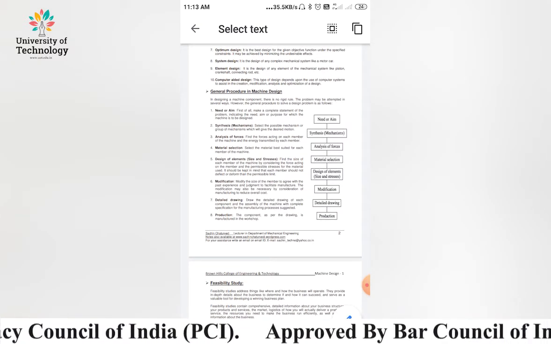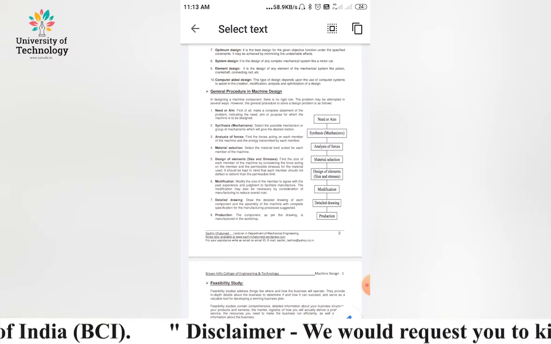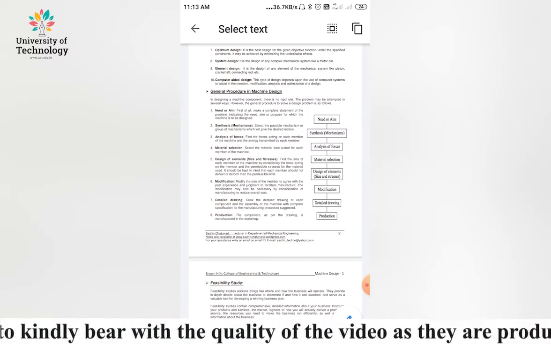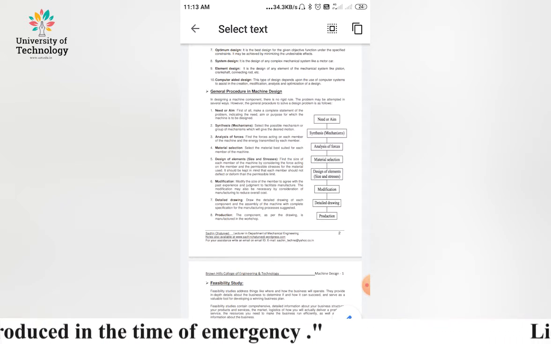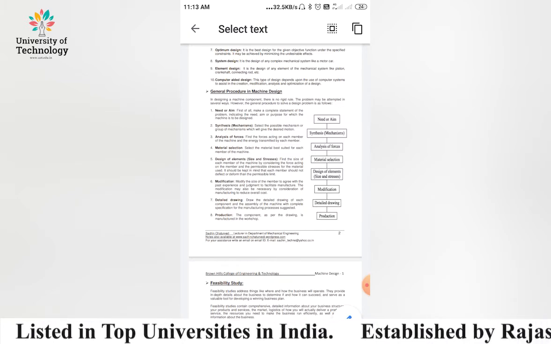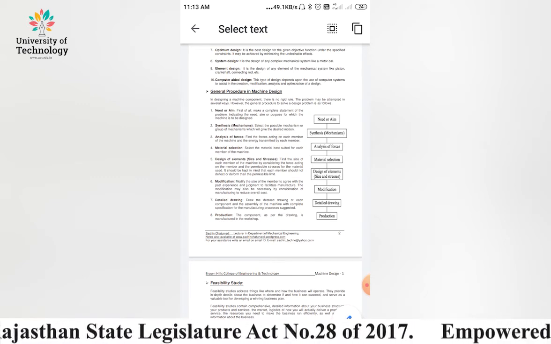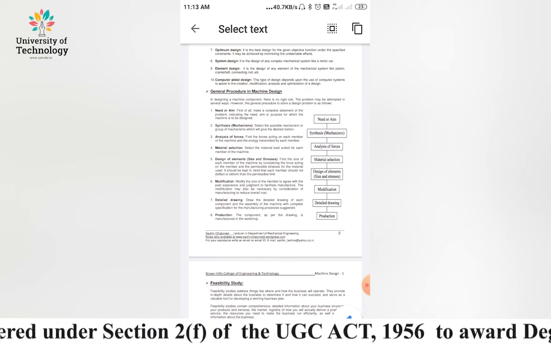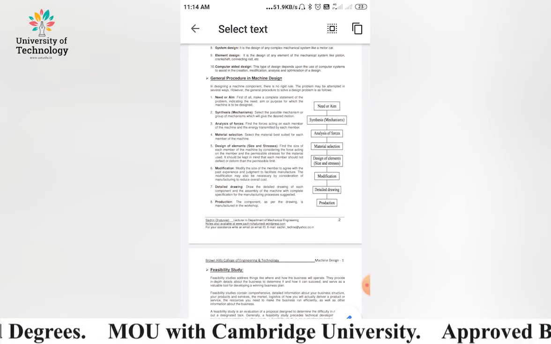Next is the optimum design. It is the best design for the given objective function under the specified constraints. It may be achieved by minimizing the undesirable effects. Next is the system design. It is the design of any complex mechanical system like a motor car. And element design, as we study in the mechanical engineering BTech degree program.